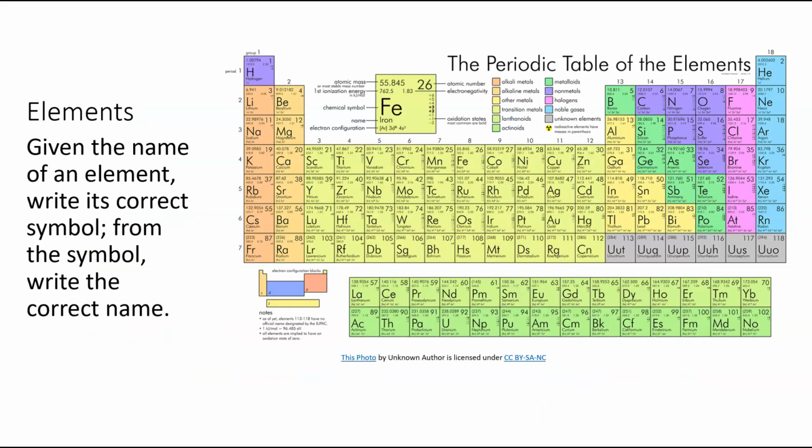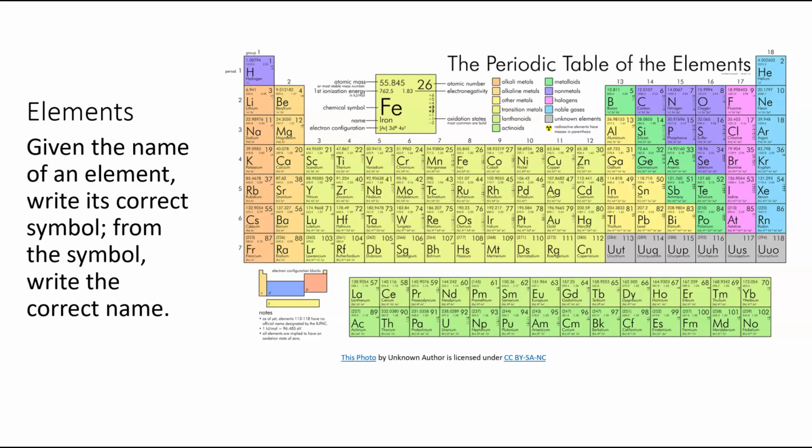Sometimes students are a little bit intimidated by the sheer amount of information that's in the periodic table, but really our periodic table is kind of the chemist's cheat sheet. I want to highlight some of the features of it that help us to organize the atoms in the periodic table.